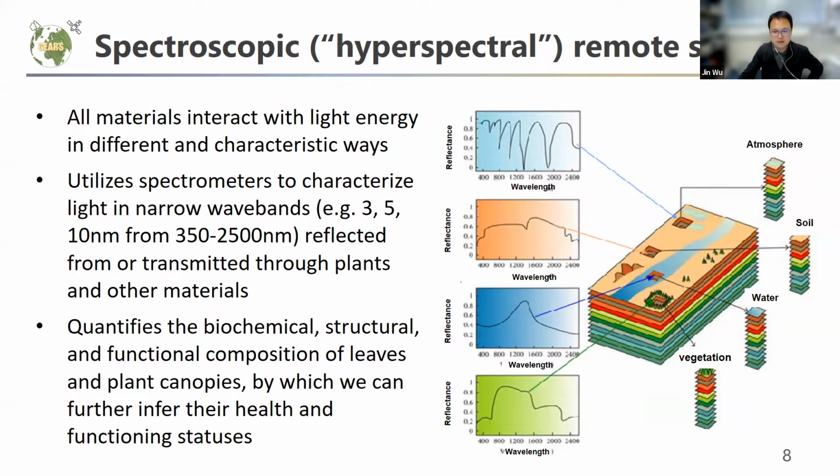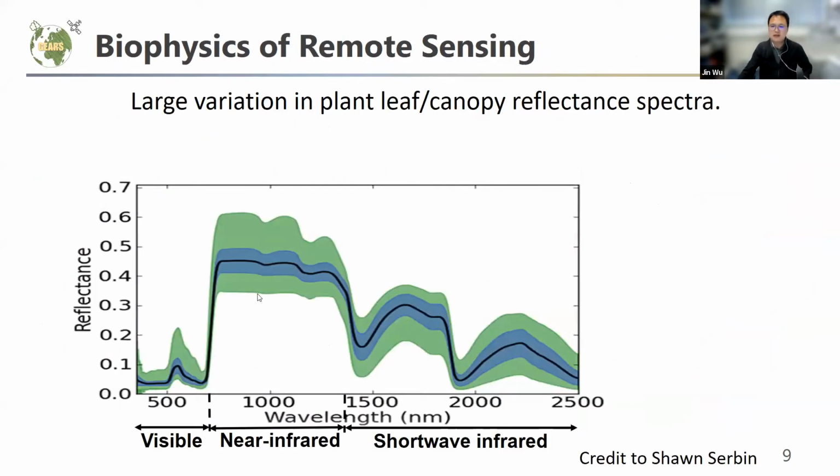To help you understand this, here is an example demonstration. Imagine now we have hyperspectral reflectance data collected across the globe, right? Some colleagues collect data from the Arctic, some from the tropics, and some from crops. If you combine all these data together, it will look like this.